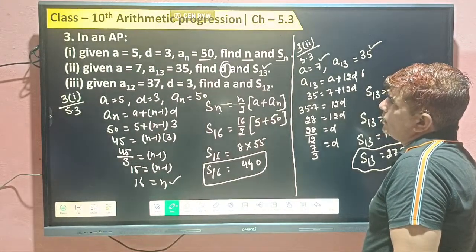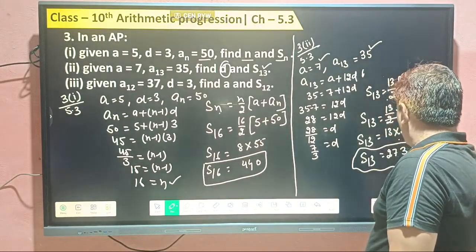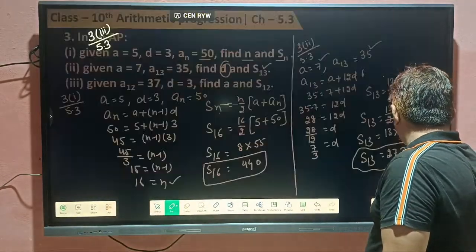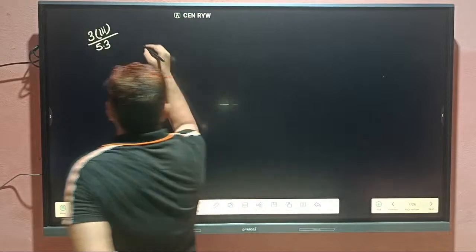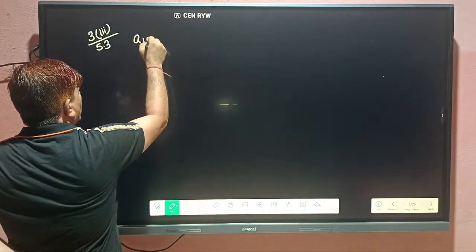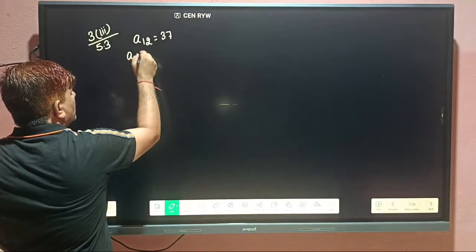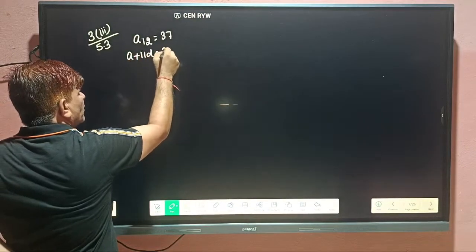So this is given: A12 equal to 37, D equal to 3. What does A12 equal to 37 mean? Its meaning is A plus 11D equal to 37.